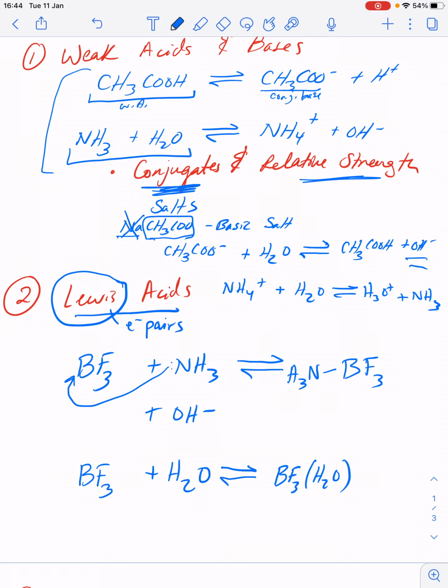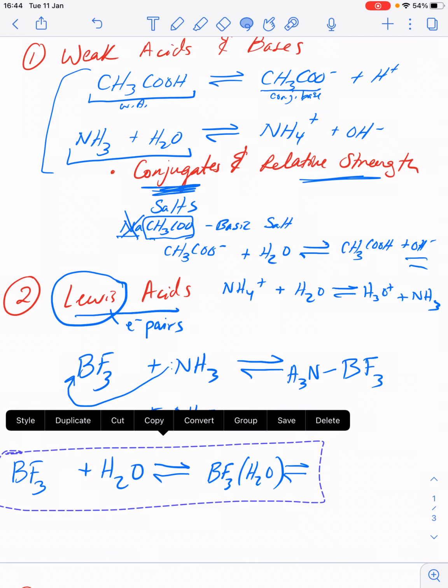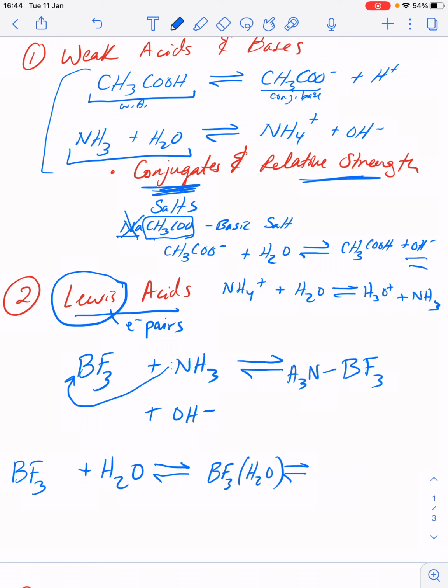And then we want to show that because water has bound onto this BF3, that water is now more likely to dissociate off additional protons. And we did this with transition metals too, so this is the same way you would show it with the transition metals. Now you've got BF3OH- and H+.